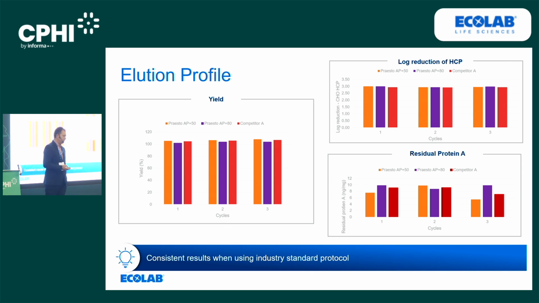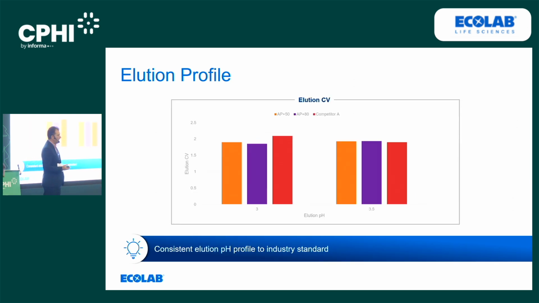Another thing that shows how compatible the performance is is the elution pool volume. Most of the time, we're having about 2 column volumes as a standard in elution in our processes. This is something to compare to, something to keep in mind.